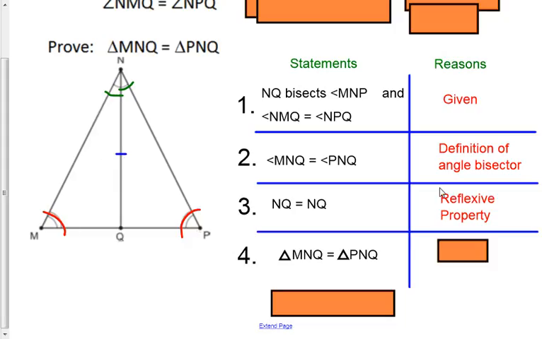So we can say by angle, side, these two triangles are the exact same triangles. So if we wanted to, we could go so far as to say this side equals this side then, because we know that they are the same triangles. We can say this side equals this side, because they're the exact same triangles. We can say this angle equals this angle, because they are the exact same triangles.